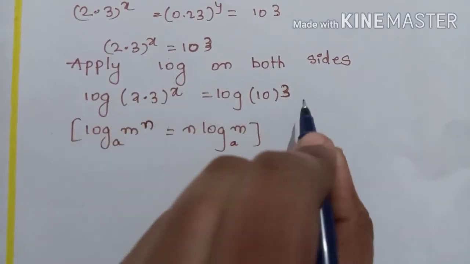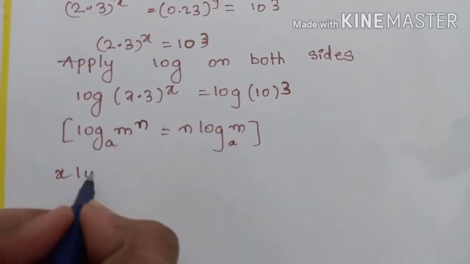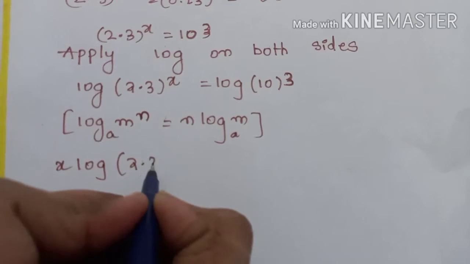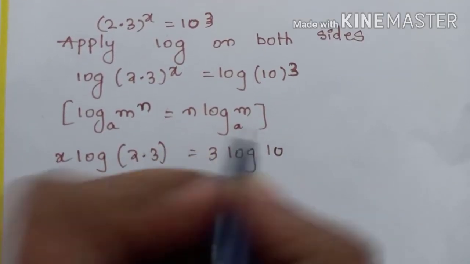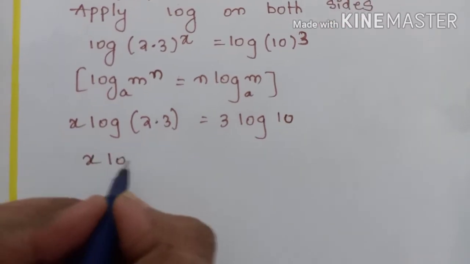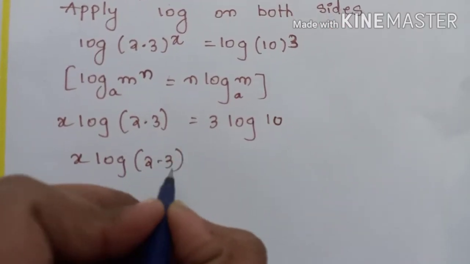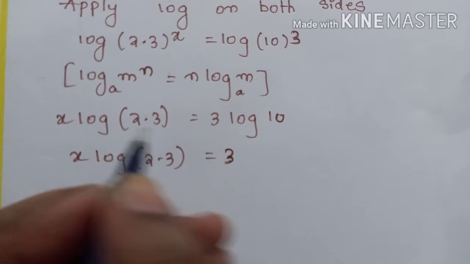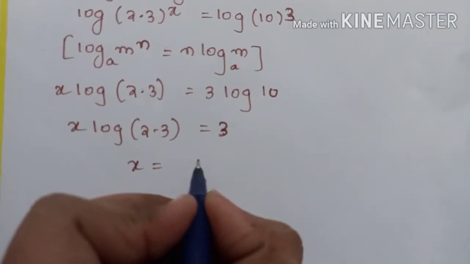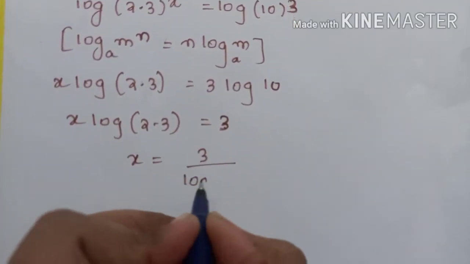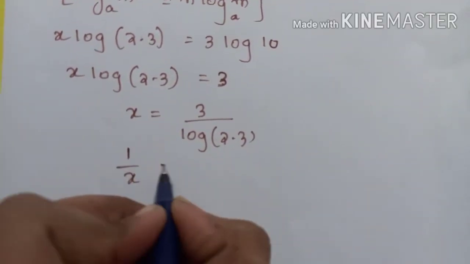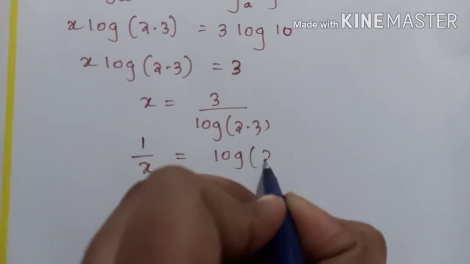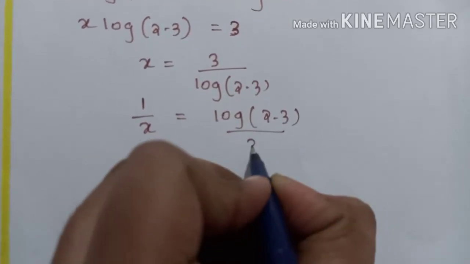So the LHS and RHS become x log 2.3 and 3 log 10. We know log 10 is 1, so that is 3. Now x becomes 3 by log 2.3, but we need 1 by x, so 1 by x is the reciprocal of this, which is log 2.3 by 3.